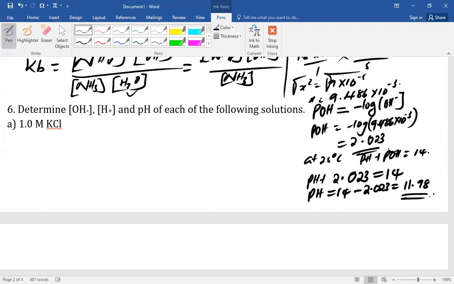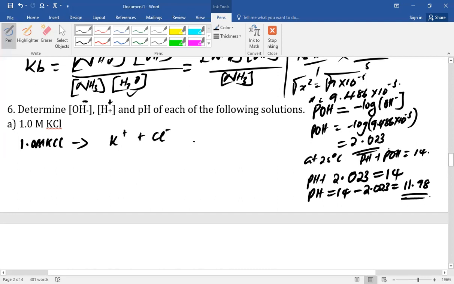Okay, so find the concentration of the hydroxide ion and the hydrogen ion, and the pH of each of the following. So if we have this, it's going to be K positive plus the negative ion, so it's going to have those ions.